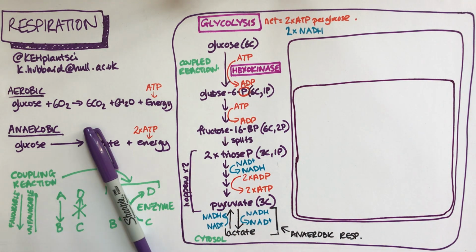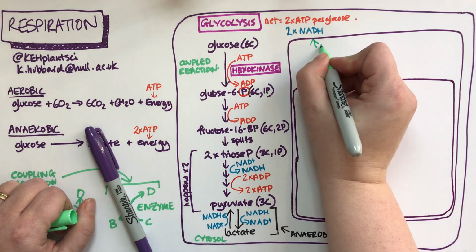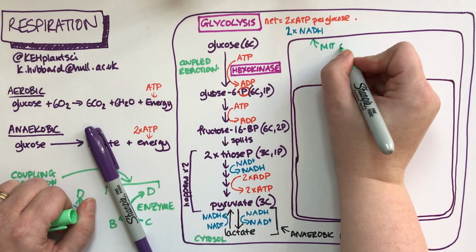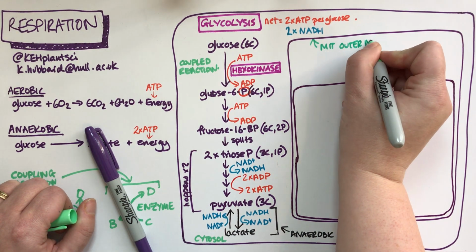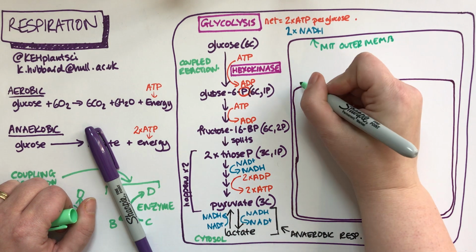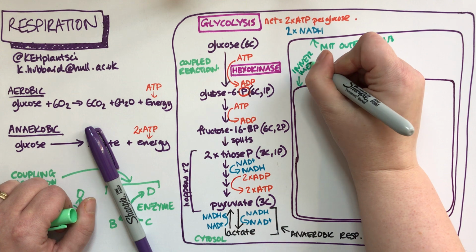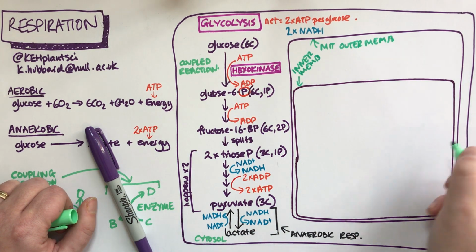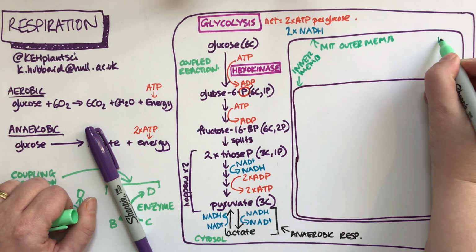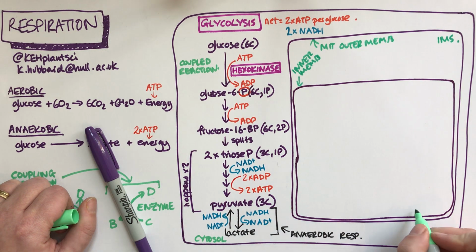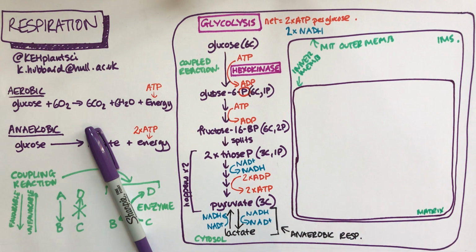Okay, so this is the mitochondrial outer membrane. That's the inner membrane. So the space in between them is the intermembrane space, and this would be the matrix, which is sort of the equivalent of the cytosol in the mitochondria.